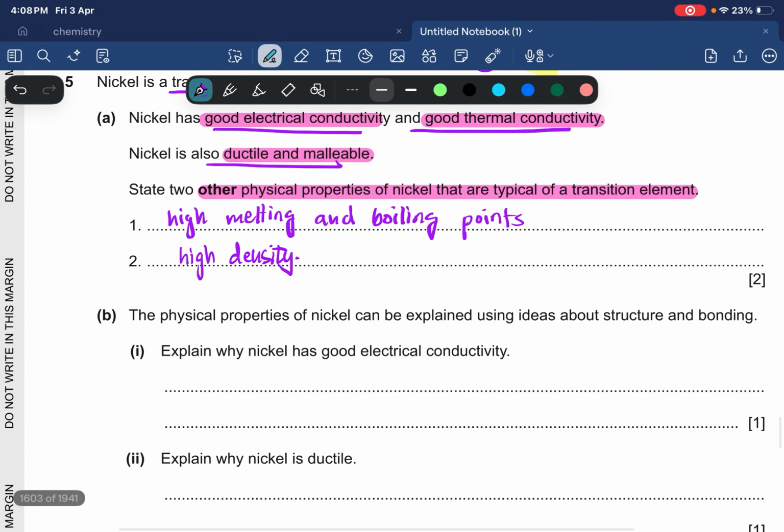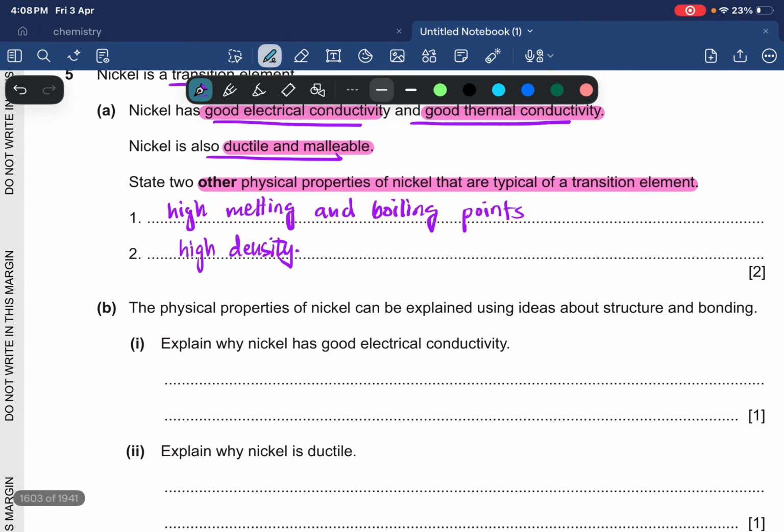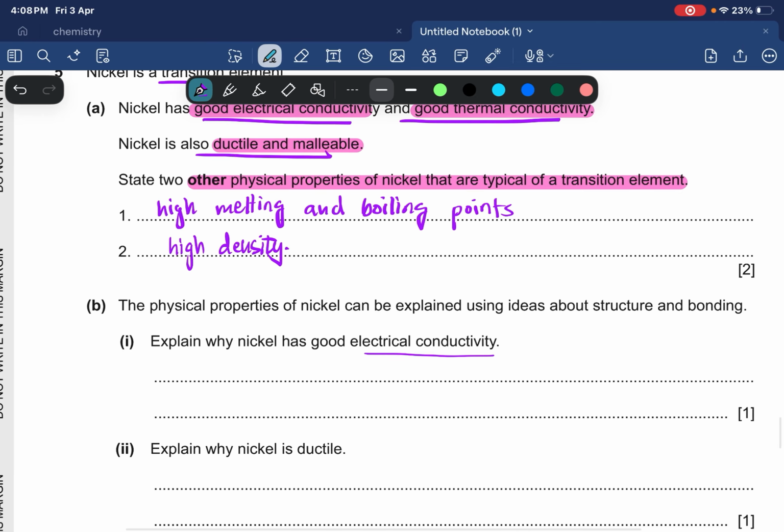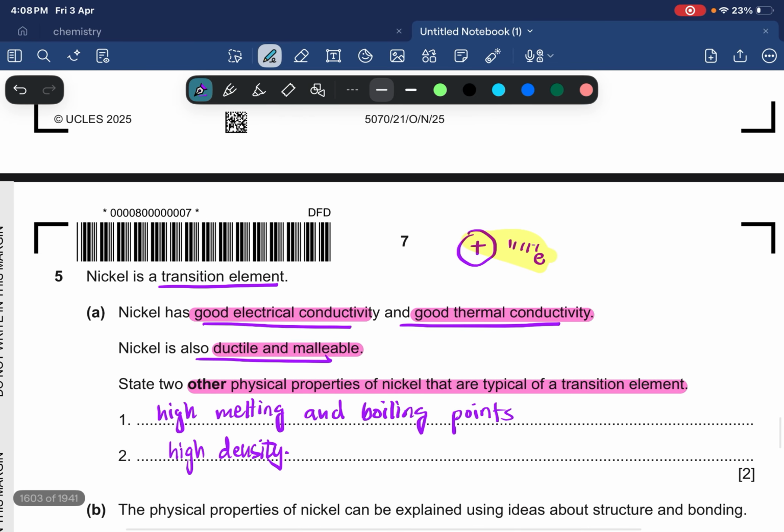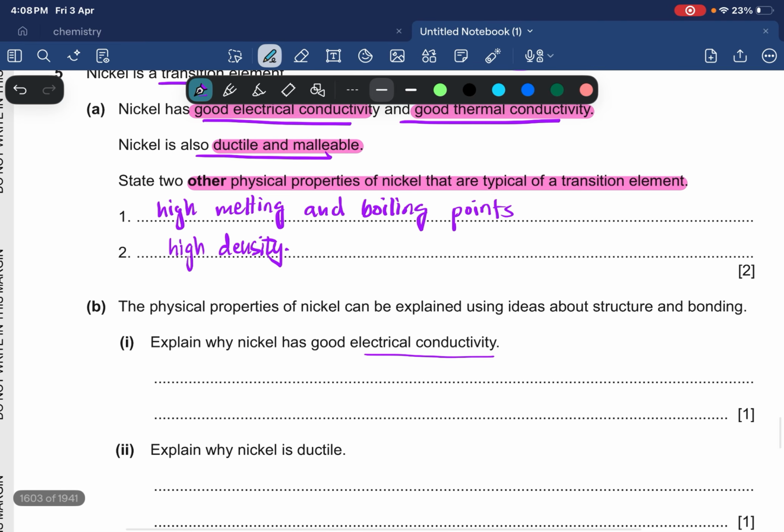Okay, the physical properties of nickel can be explained by using ideas about structure and bonding. Explain why nickel has good electrical conductivity. Because of the delocalized electrons that are present inside its structure. It has free delocalized electrons. You call them delocalized because they don't belong to a single atom.